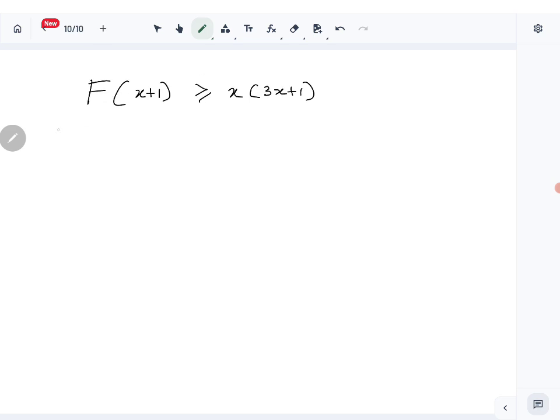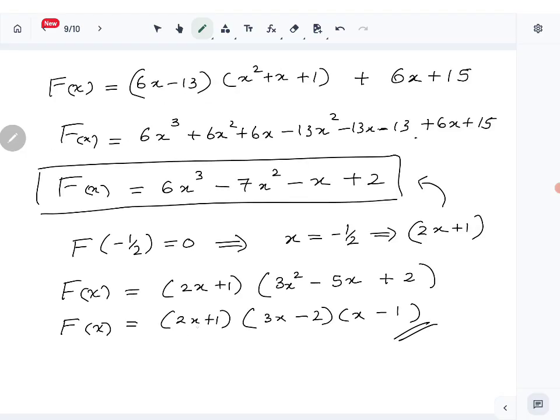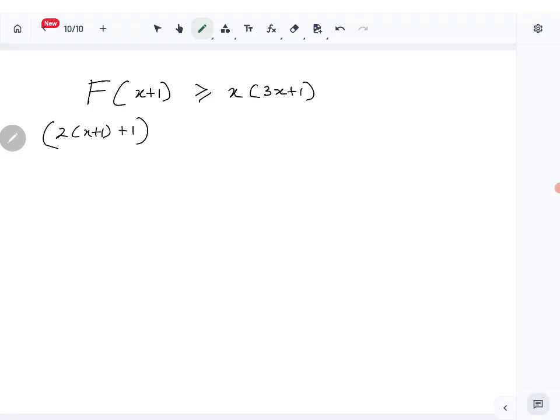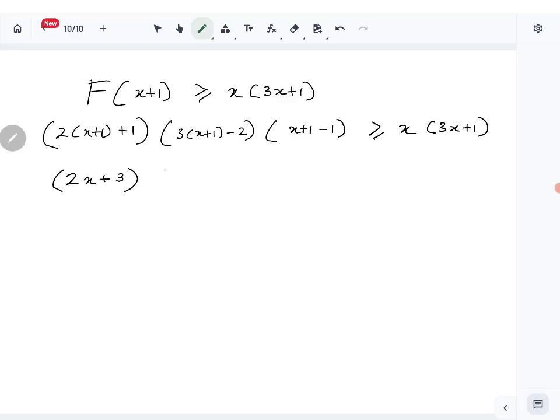Then f of x plus 1 is, you have to substitute x plus 1 wherever you see x. So 2x plus 1, next one I have to put 3x plus 1 minus 2, next one x plus 1 minus 1, right? So now let's simplify. 2x plus 2 plus 1 gives me 2x plus 3. This gives me 3x plus 3 minus 2, 3x plus 1. This gives me x, right?